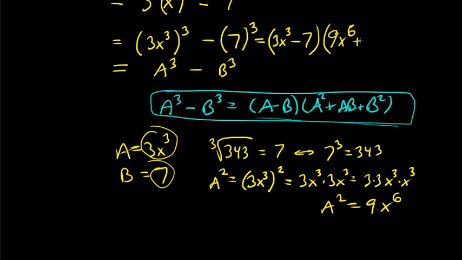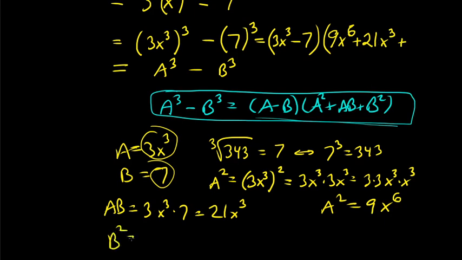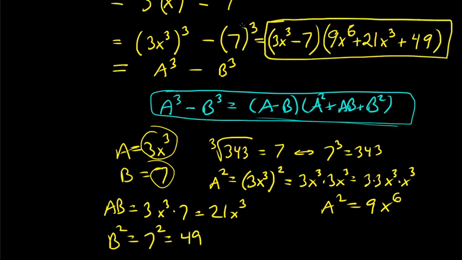All right, plus a times b. So a times b is 3 times x cubed times 7. But 3 times 7 is 21, so it's just 21x cubed. Plus b squared. Well, b is just 7, so 7 squared, 7 times 7 is just 49. And I think we're done.